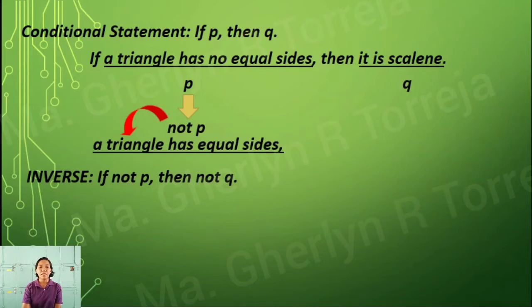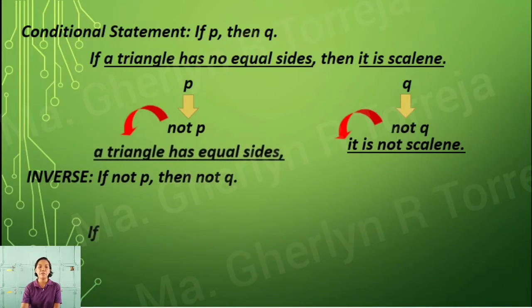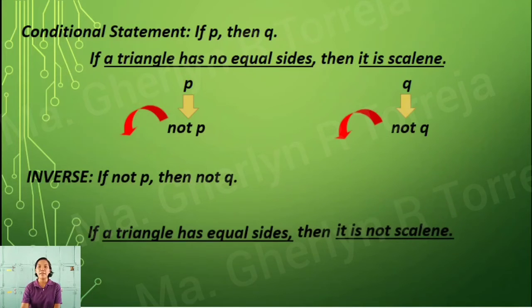So, kung ang ating hypothesis is a triangle has no equal sides, ang atin naman na negation sa kanya ay a triangle has equal sides. Ininegate po natin. Okay? For our Q, we have not Q. It is not scalene. Let us now write the inverse of that statement. If a triangle has equal sides, then it is not scalene.